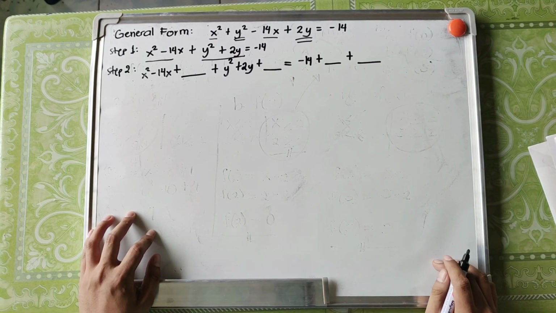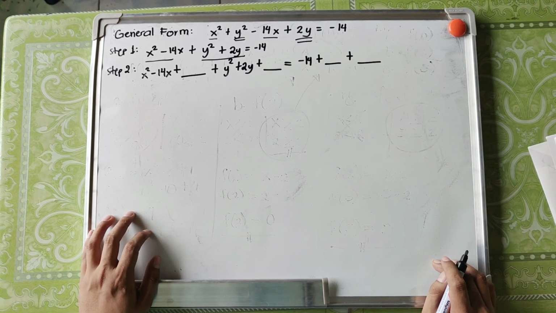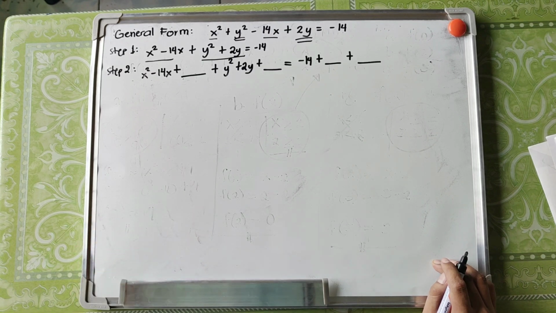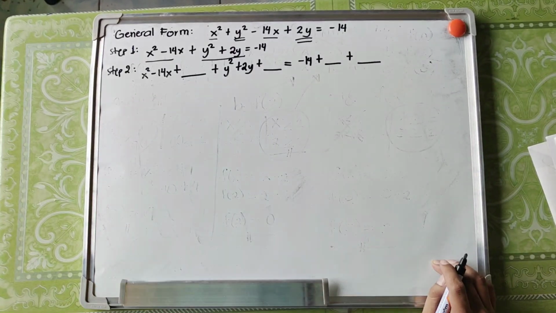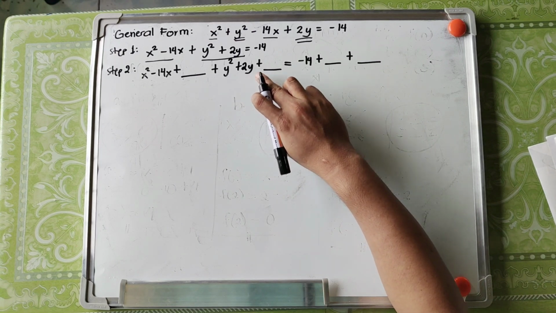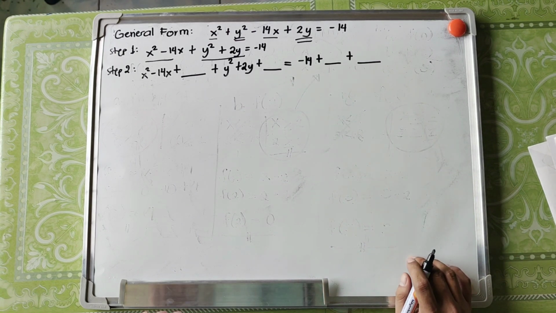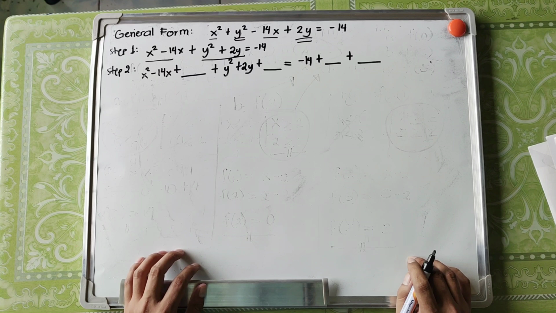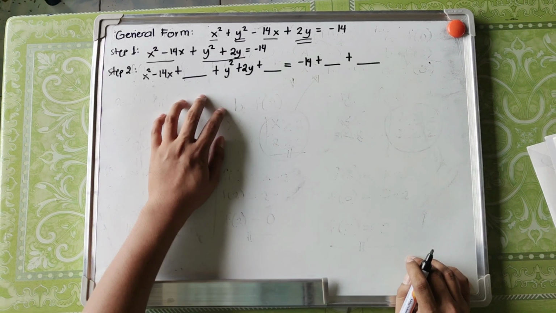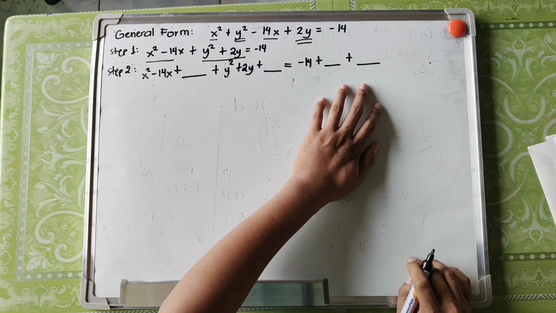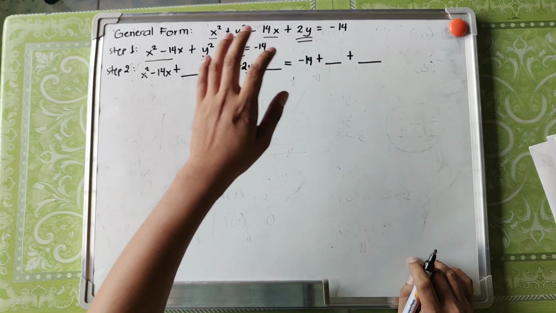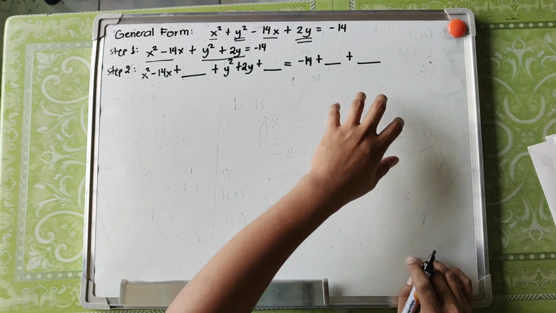Why are we doing this? We are doing this because we have to make this a trinomial: 1 term, 2 terms, and 3 terms. So, to balance the equation, kung ano ginawa natin sa left, yun din ang gagawin natin sa right. To balance everything, kung may ginalaw ka sa left, may gagalawin ka rin sa right.